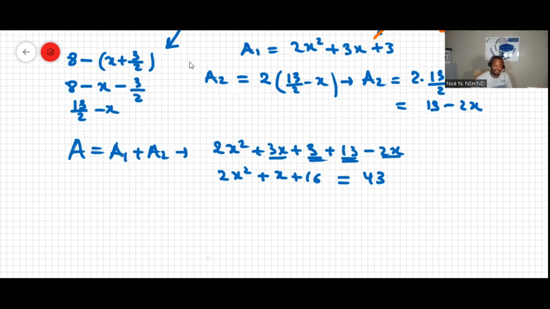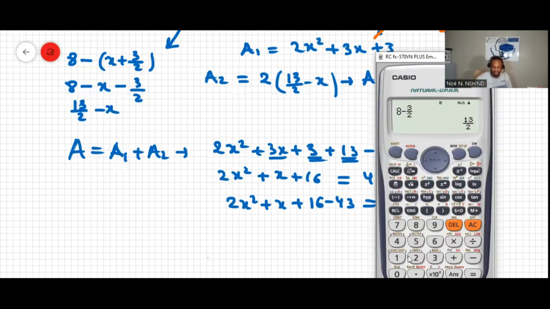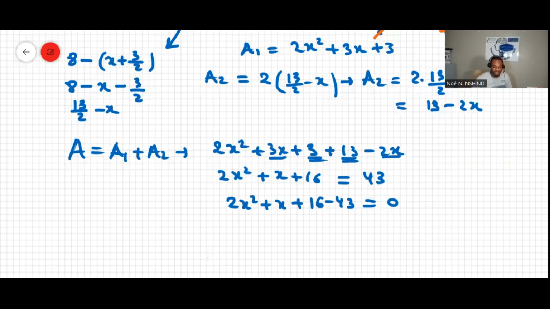Now, if I move 43 over, that makes 2x squared plus x plus 16 minus 43 equals 0. And then 16 minus 43, that's negative 27. So that makes 2x squared plus x minus 27 equals 0.